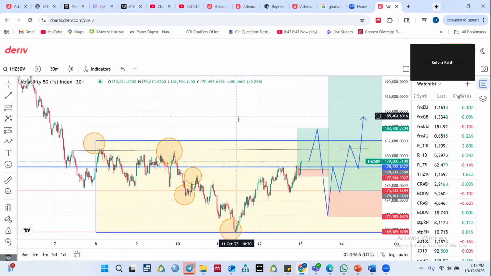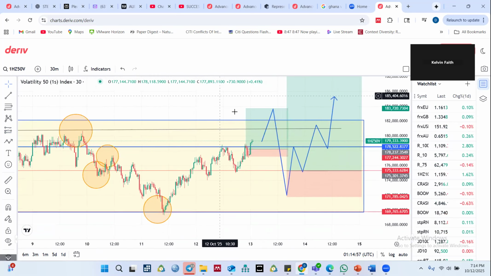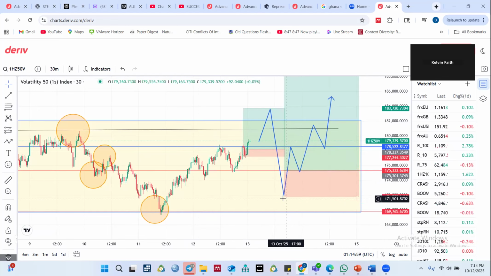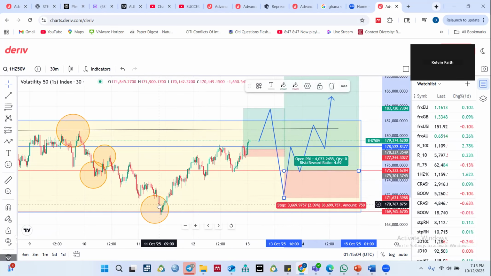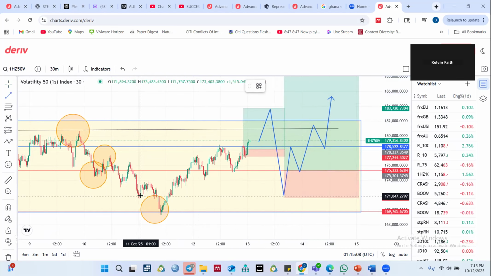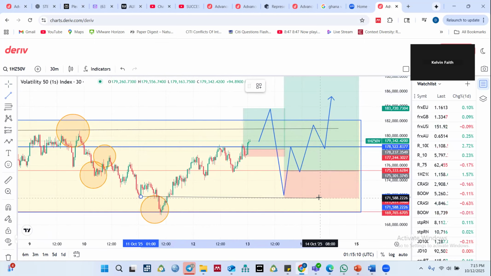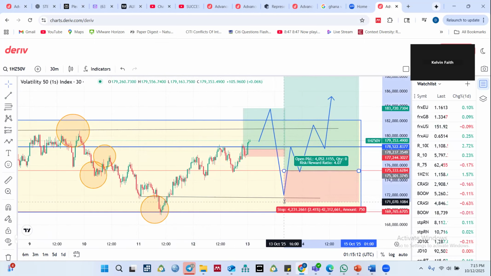And my stop loss would just be at 78.6%, somewhere here below here. There is a mini support here. My stop loss is just going to be a little bit below it.